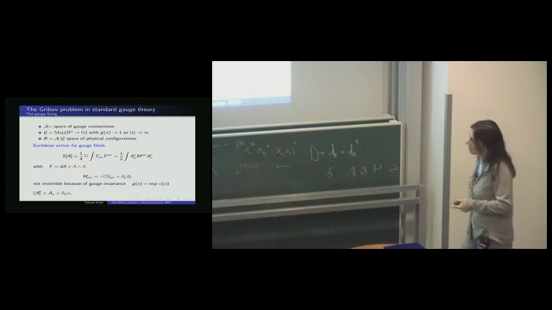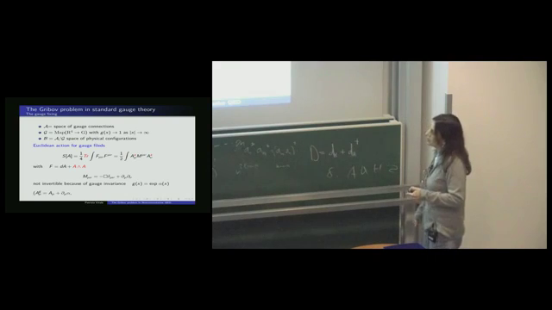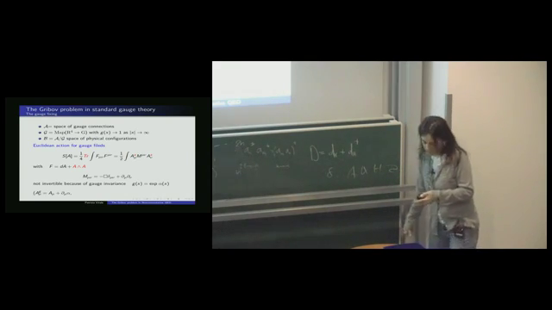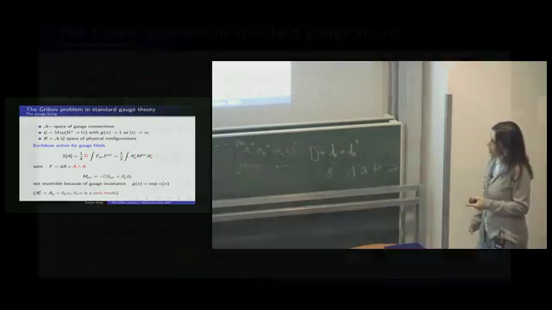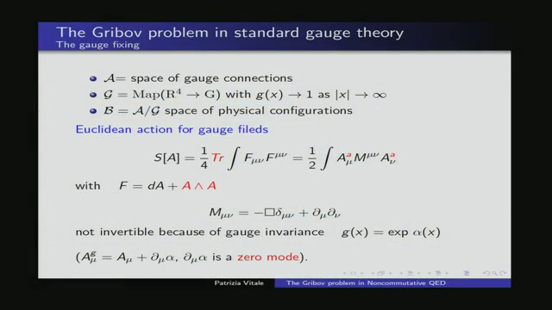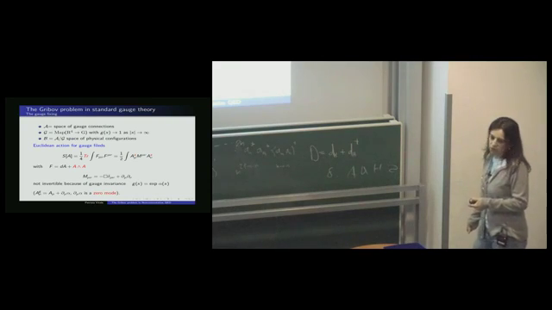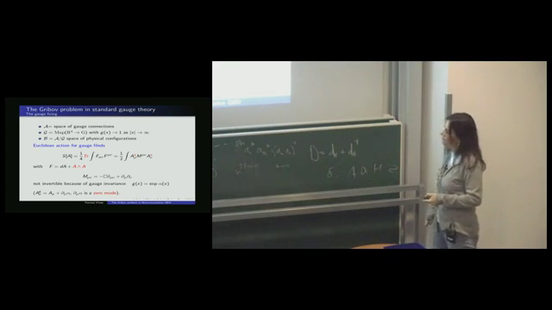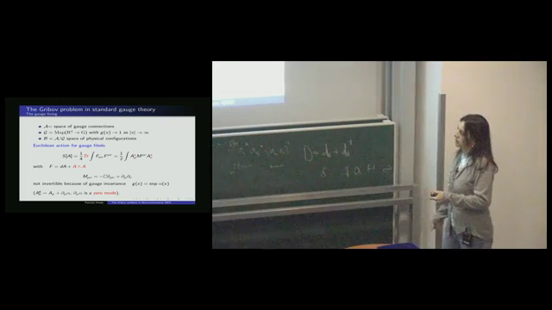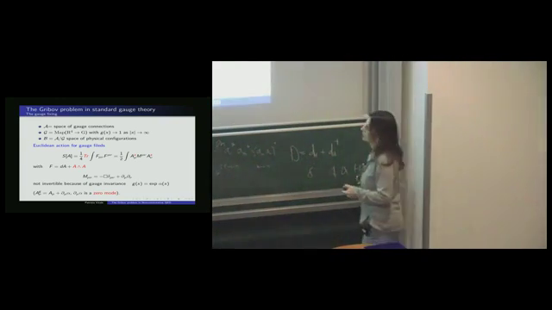And what is the problem? The problem is that this M is not invertible because of gauge invariance. Namely, I have zero modes. For example, this object here is a zero mode. When I plug it into M, I get zero.